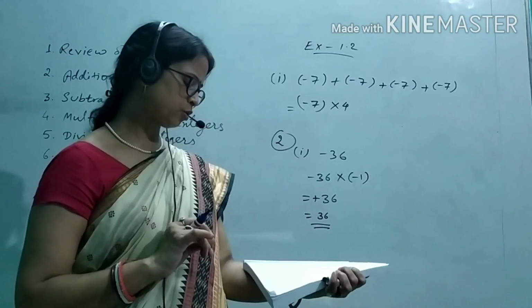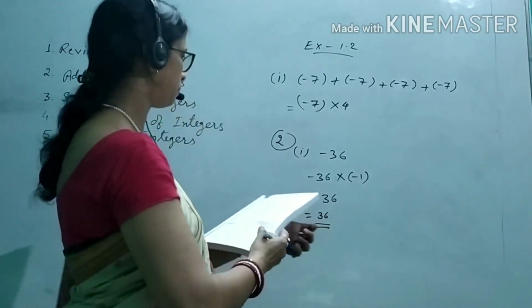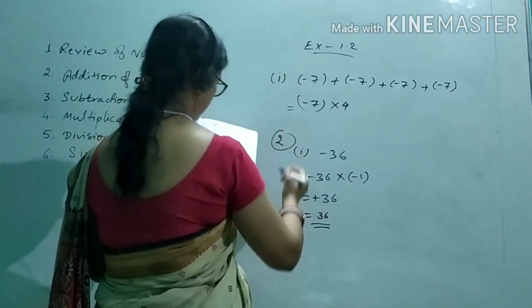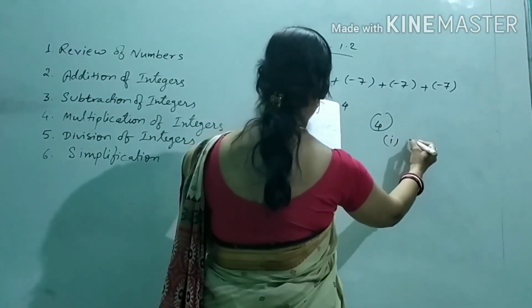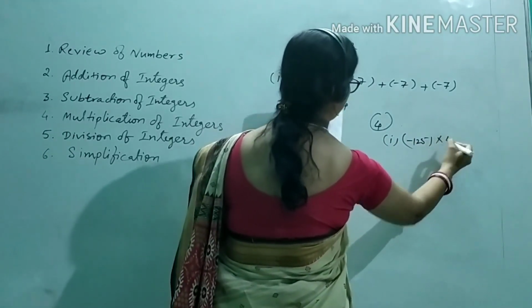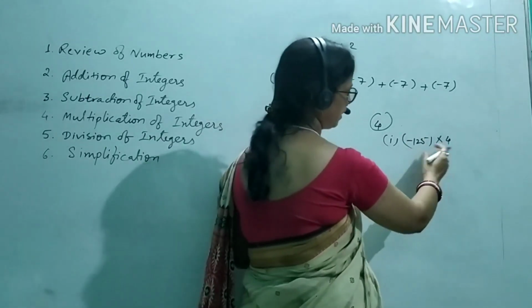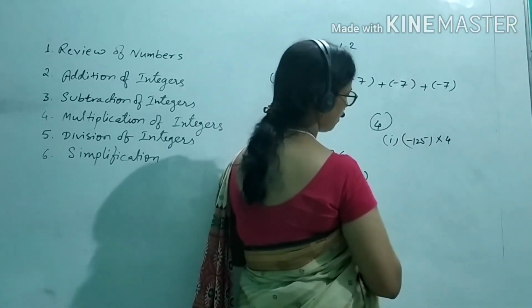Now coming to question number 4, multiply. The first question is -125 into 4. When we multiply 125 into 4, what do we get, children?